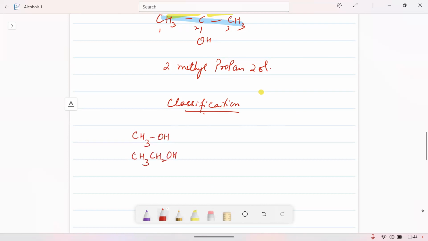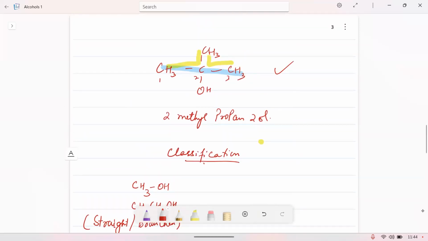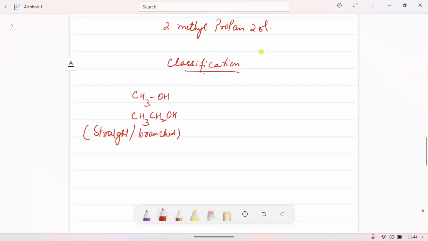So this could be straight, like the one I've shown you, or they could be branched. That does not matter. Branched means the ones we have taken like this. They are considered as aliphatic alcohols or simply the alcohols. So this is what we are going to deal with now in this topic, aliphatic alcohols.